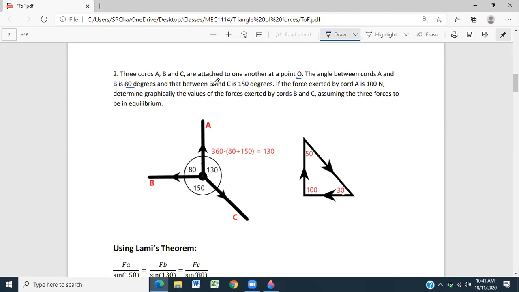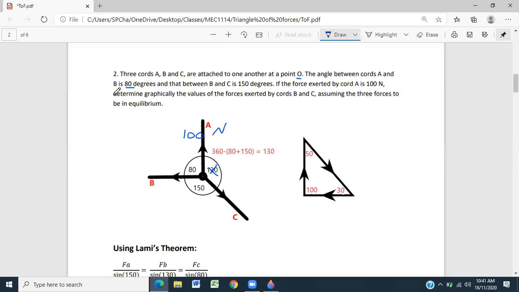And that between B and C is 150 degrees. So B, C, 150 degrees, right? This we don't know. If the force exerted by cord A is 100 newtons, right? So cord A, this force, 100 newtons.